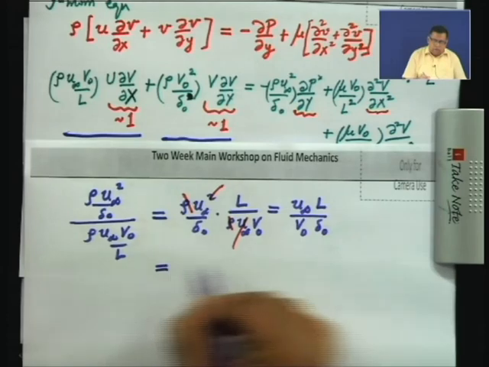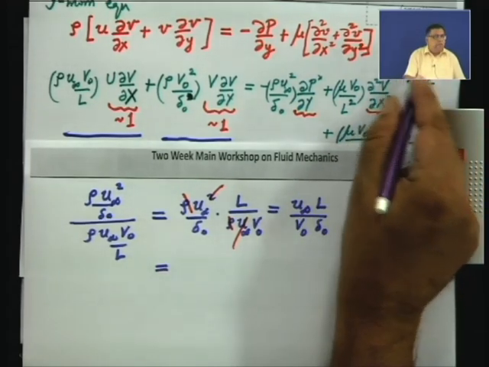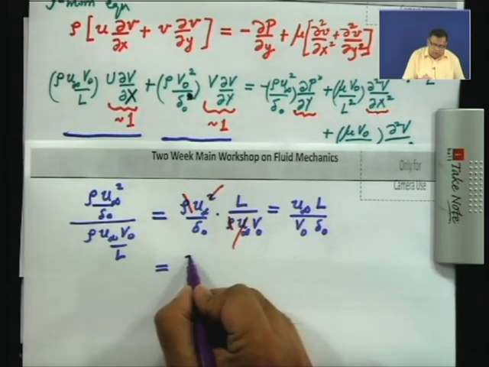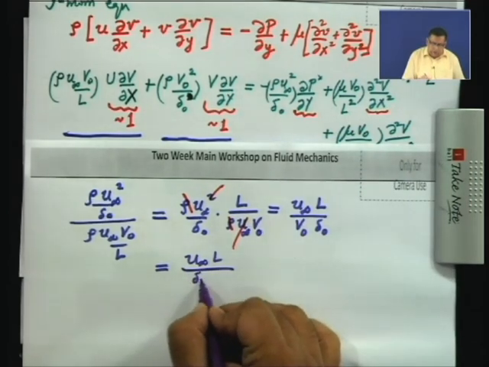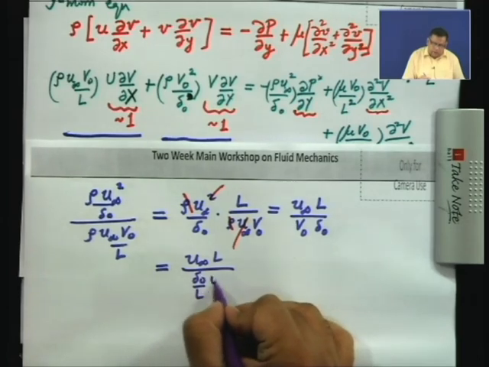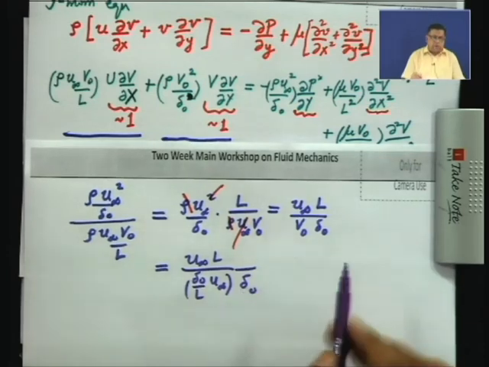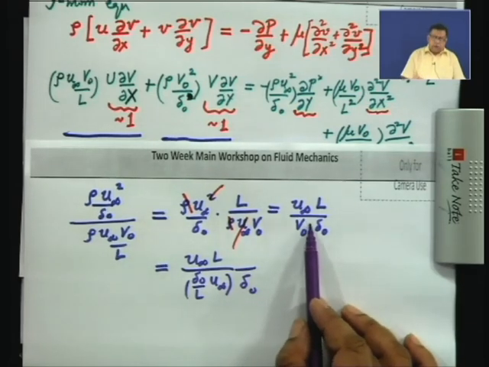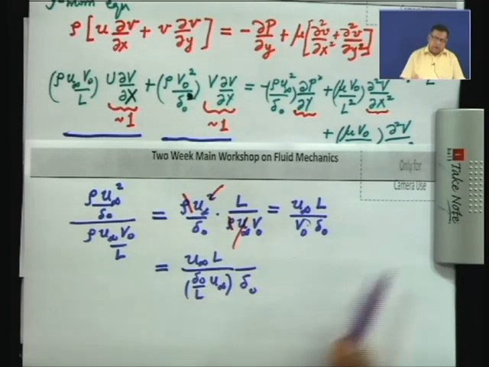Now, V naught we have already expressed here in terms of u infinity. So, this is u infinity L by, this I can write as delta naught by L u infinity, into delta naught. So, all I have done is I have substituted the expression for V naught in terms of u infinity over here.